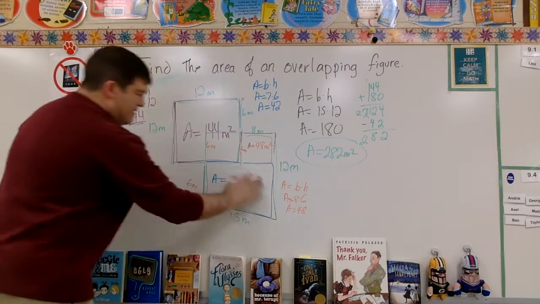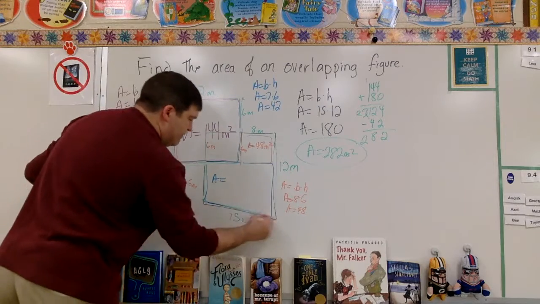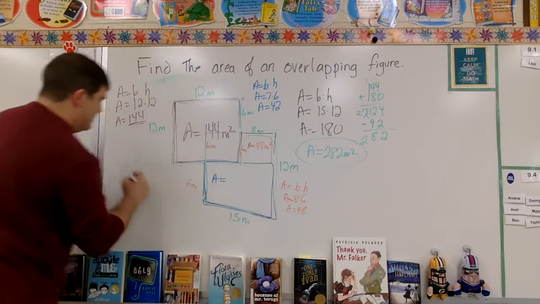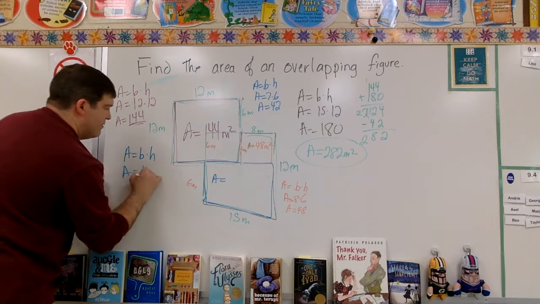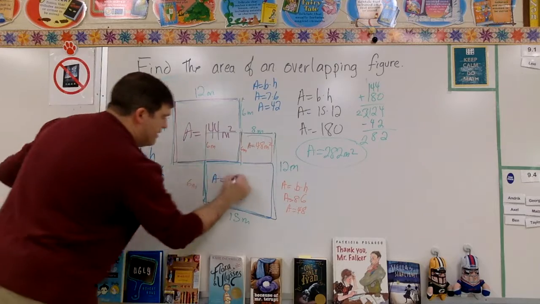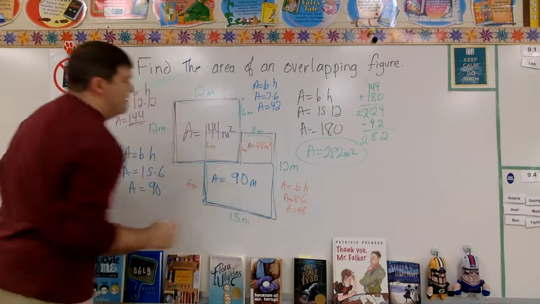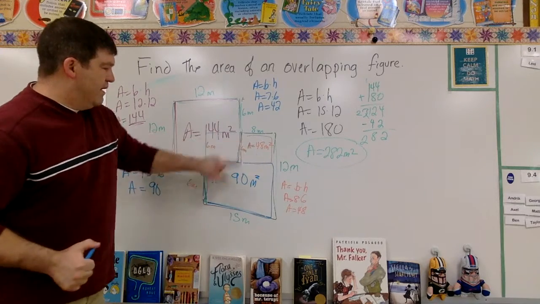And the last one I have is this thing right here. And it's a base of 15 and a height of 6. Area equals base times height. Area equals 15 times 6. Area equals 90. 90 meters squared. So now I have 144, 48, and 90.